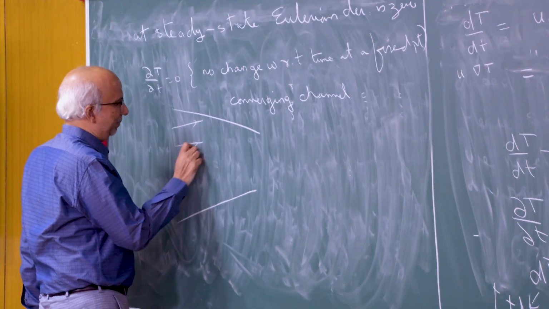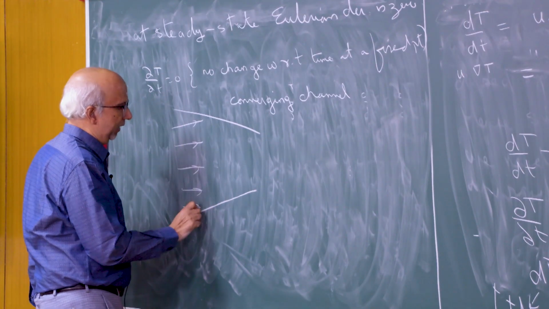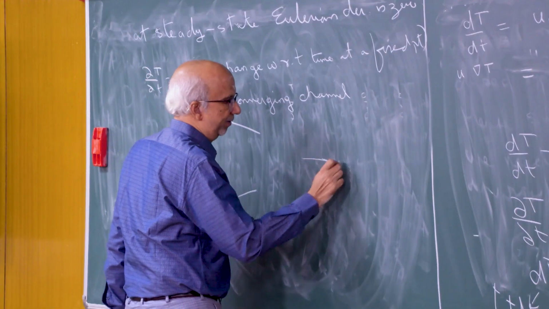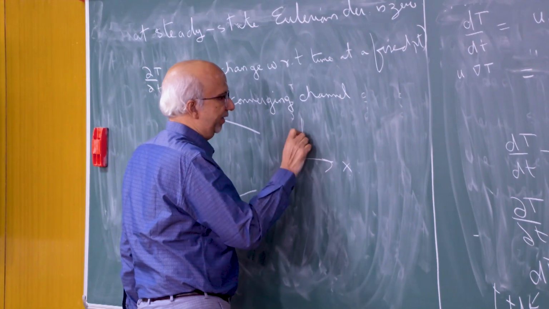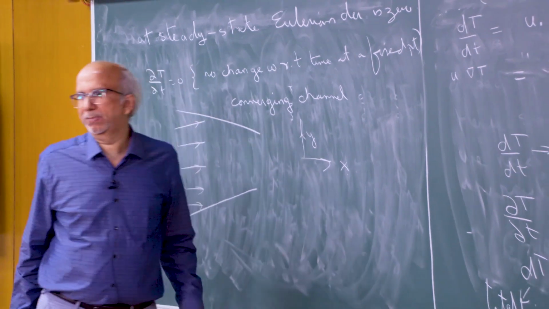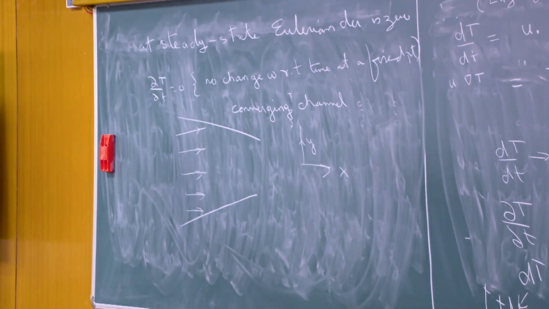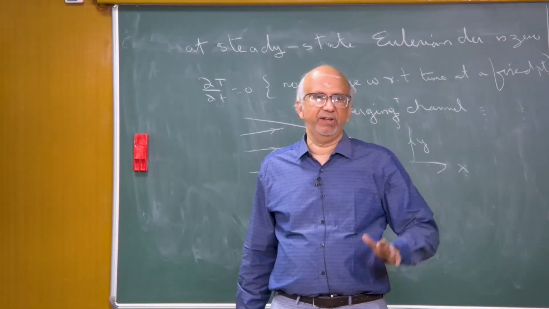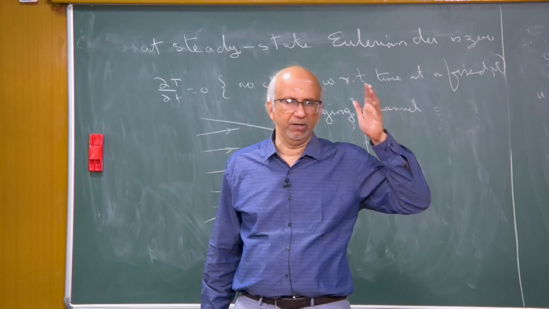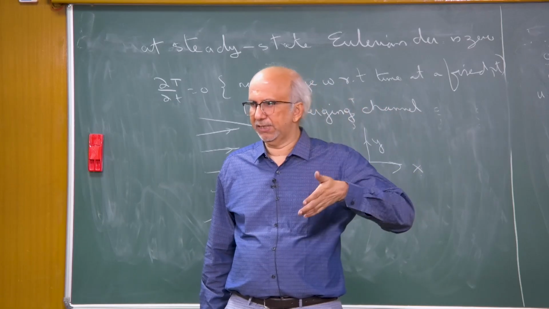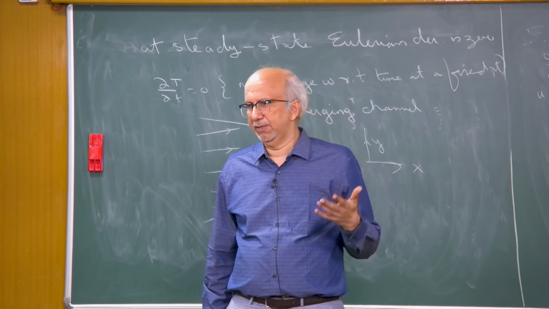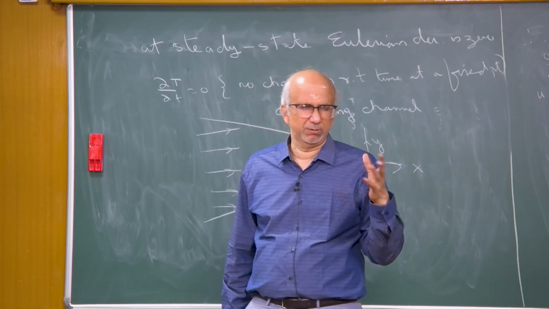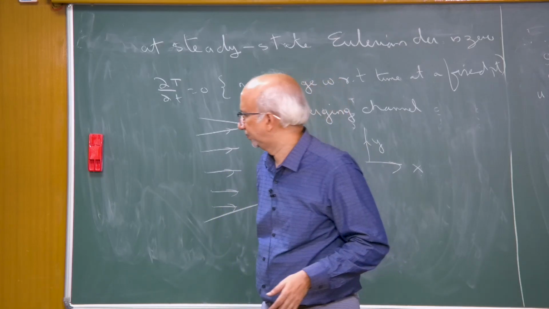And we keep our life simple and we say that this is the x direction, this is the y direction. To keep life simple, we will just say there is only one component of velocity which is Vx and it does not vary in the y direction, okay. Velocity is only in x direction and it is independent of y, just so that I can illustrate the idea.